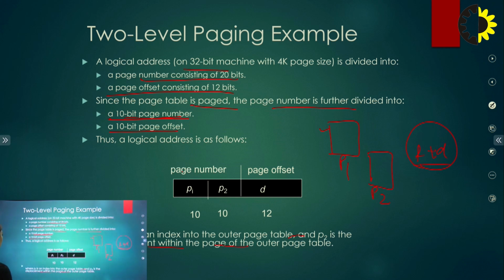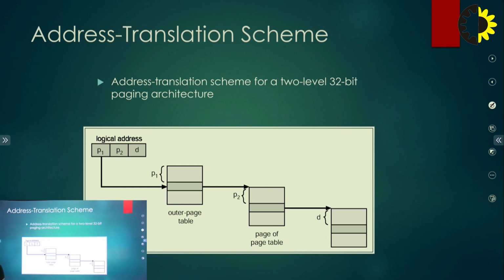Now you see what is actually happening. In the logical address, we have P1, P2 and D. For the outer page table, we will see only this part of the address, right? We will not see this. Now, P2 is the offset for P1, right? For this particular address, P1 is the page number and P2 is the offset.